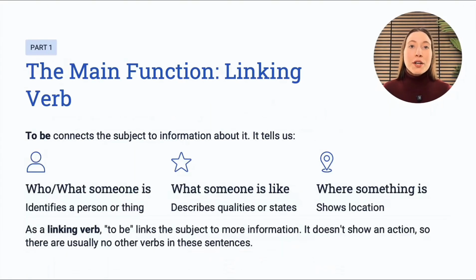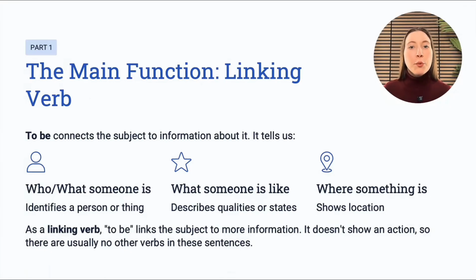Now let's talk about one of the main functions of to be. In all of the sentences from the previous slide, be connects the subject to information about it. It tells us who someone is, what someone is like, or where someone or something is. So the first big idea of the verb to be is to give the main information about someone or something.